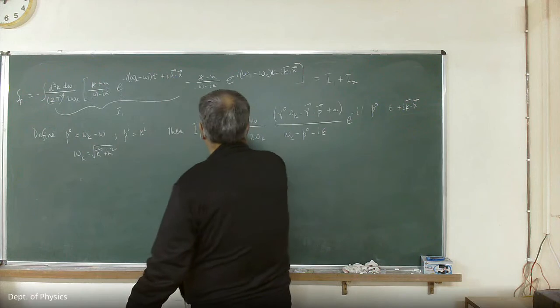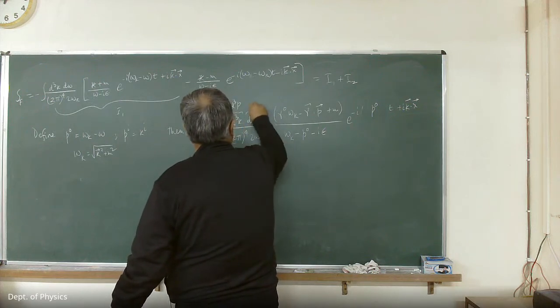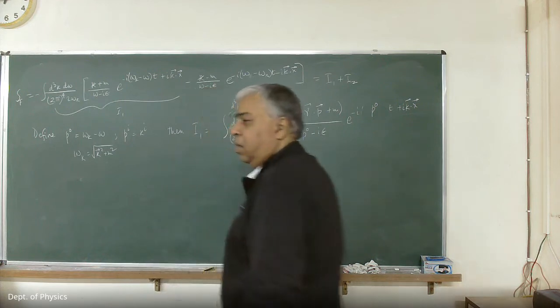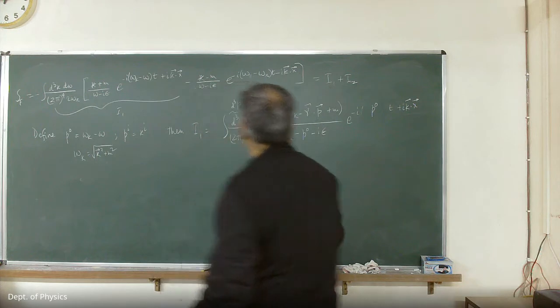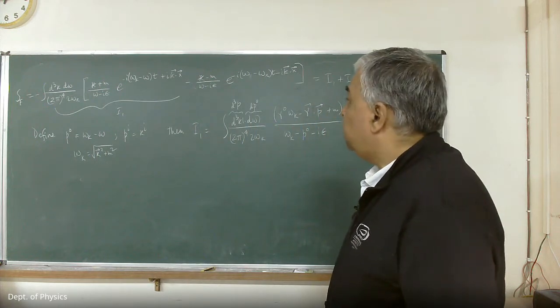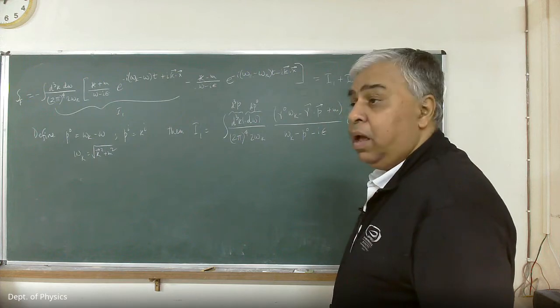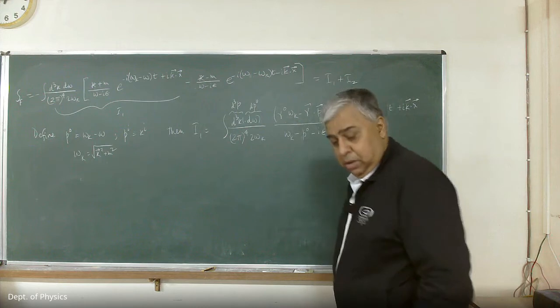So I can write this thing as dp naught, and k slash as gamma mu p mu. So you have to split it this way.